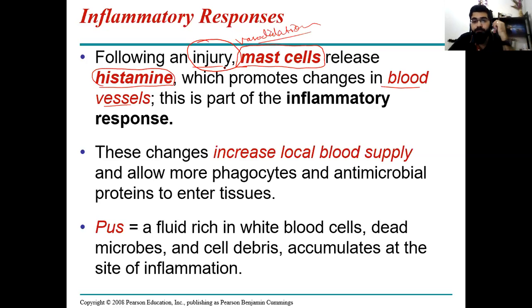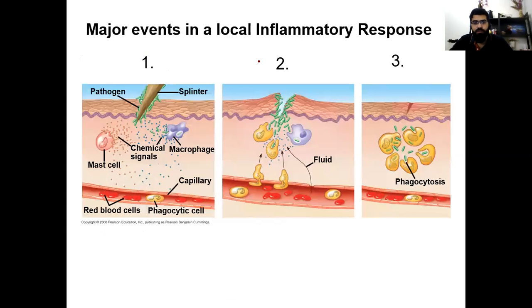Why? Who knows why? It's like a natural body cleanser, so it cleans out all the infected things, pushes it out with the blood. How? Look at this image. Yeah, you are correct, but we want how. Now here, for example, we have an injury by this splinter. So of course, bacteria and pathogens enter from the injury, right? Because we know that the skin is the first barrier.